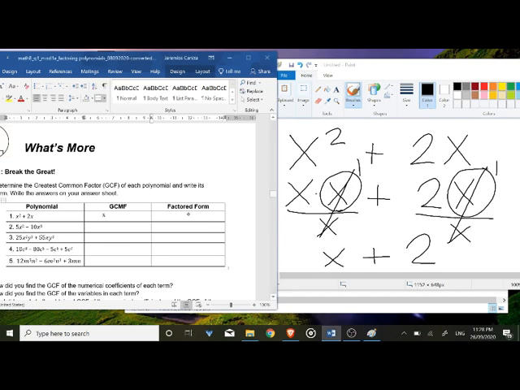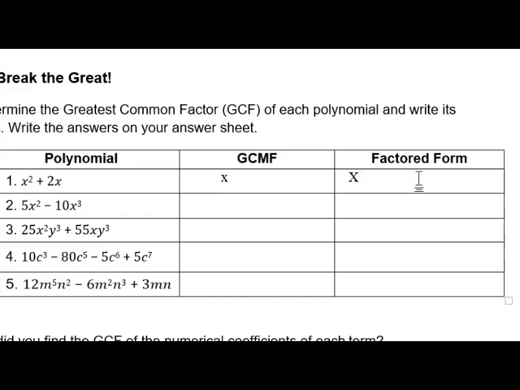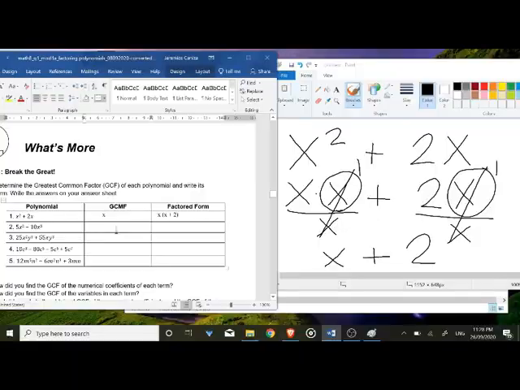So, lagay natin dito ang factored form. Ibig sabihin, i-multiply natin yung dalawang factor, si GCMF na x times x plus 2. Okay, small letter po yung x natin.